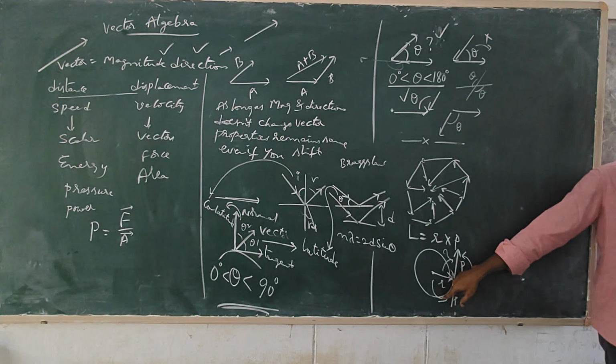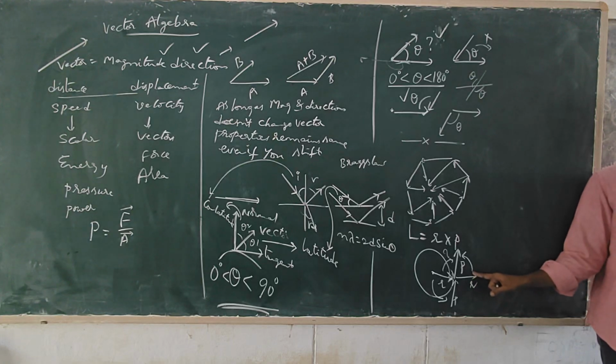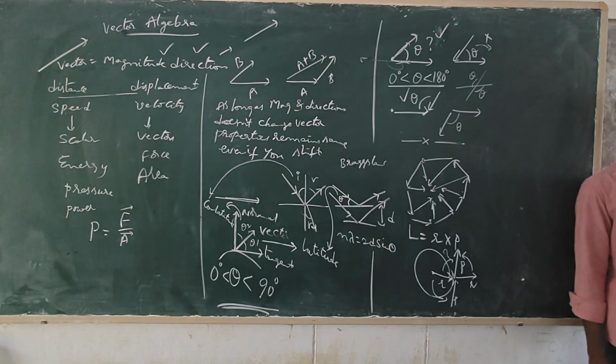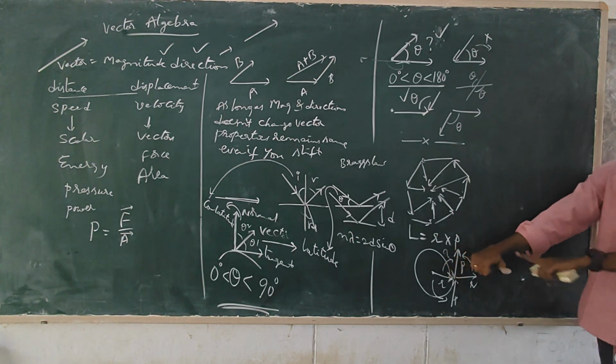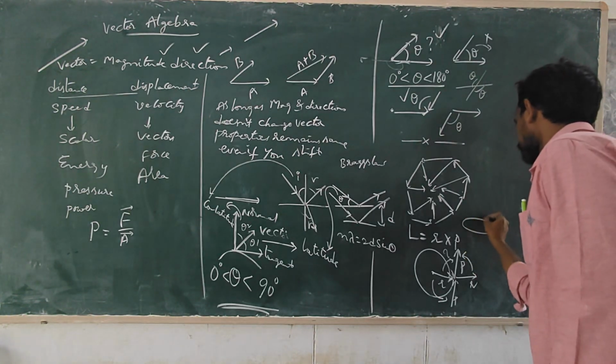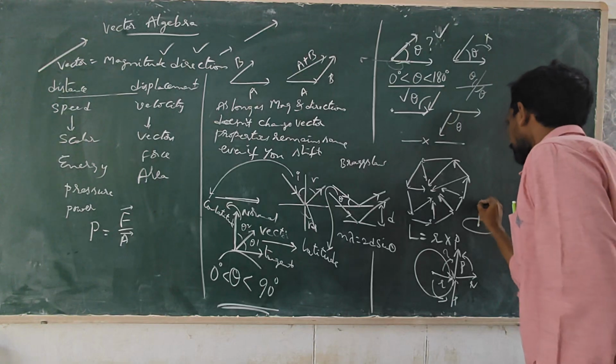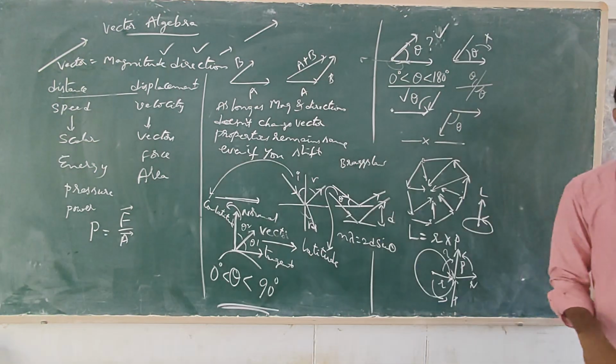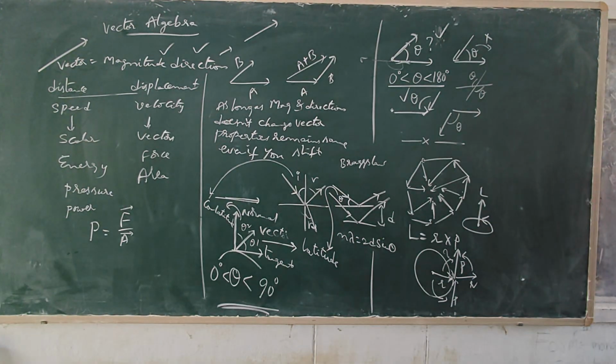This is the direction from R to P. Here I took a diverging pair. So your direction must be perpendicular. So when the object is rotating in an anti-clockwise direction, the angular momentum vector will be perpendicular to the plane and upwards.